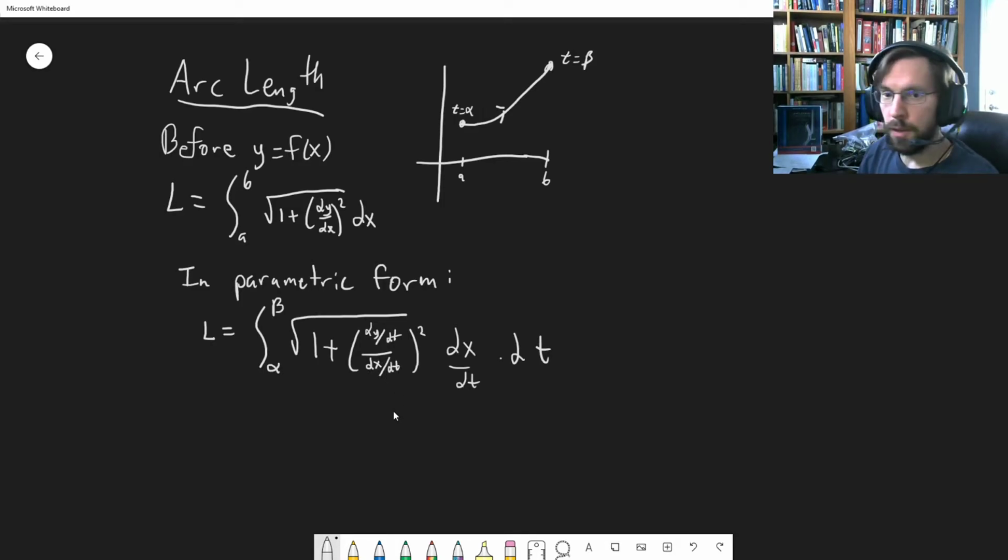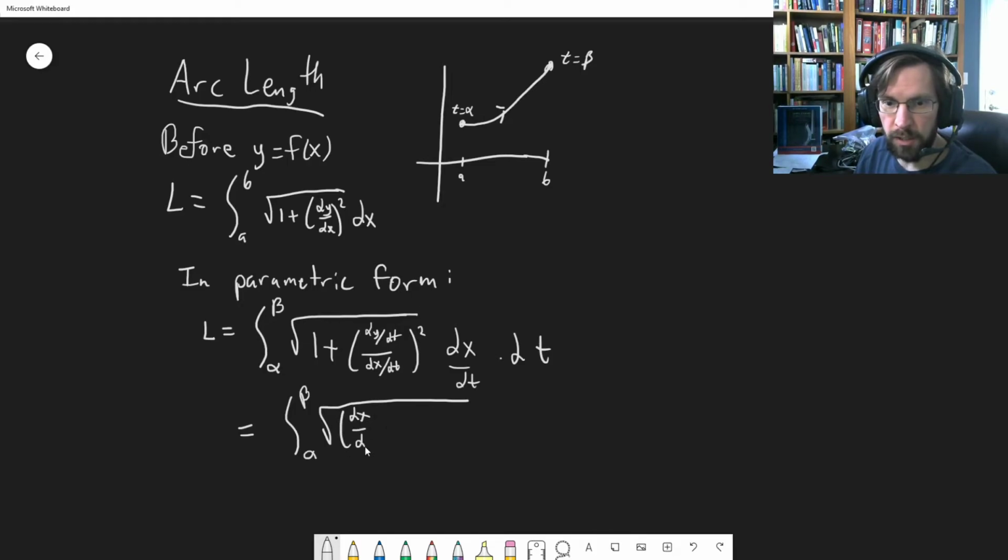Now we can bring this dx dt that's outside of the square root inside the square root, and when we do that, we square everything. So we integrate from alpha to beta of the square root of dx dt squared times 1 plus dy dt over dx dt, squared, dt.